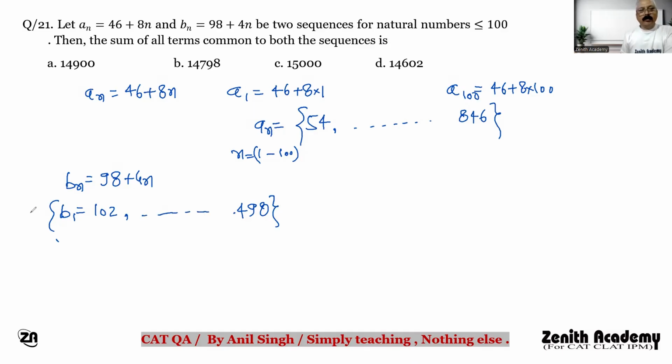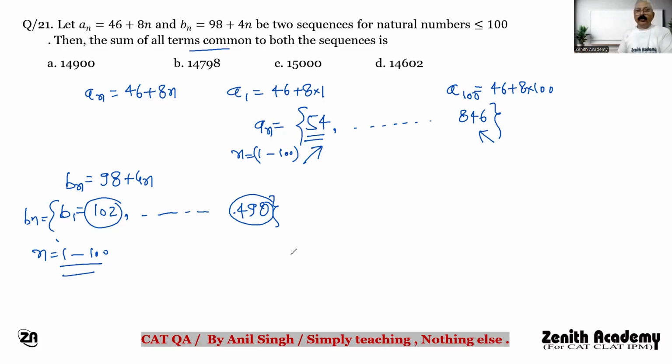These are the terms in Bn, where n is from 1 to 100. Here the first term of An is 54 and the last term is 846. So the question is the sum of all terms common to both the sequences. The possibility of the common terms between these two sequences will be between 102 and 498. So how many terms are common between 102 and 498? This is the question.